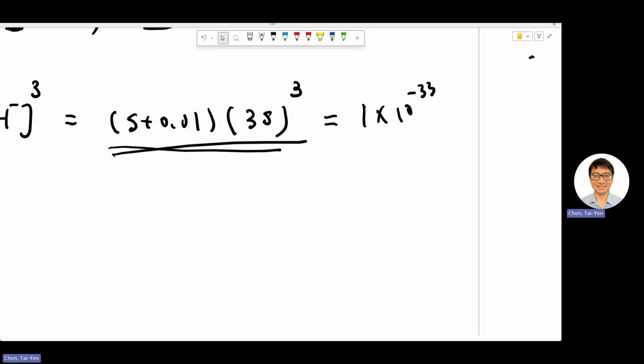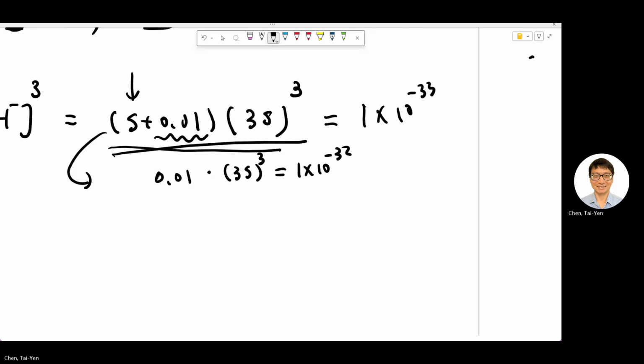That means the solubility we have here, compared to these values, will be very, very small. Therefore, you can always approximate this equation into 0.01 times (3S) cubed equals 1 times 10 to the negative 33. Therefore (3S) cubed is going to equal 1 times 10 to the negative 31.